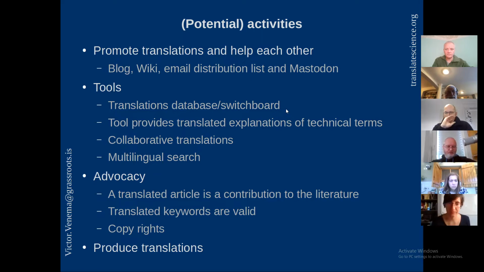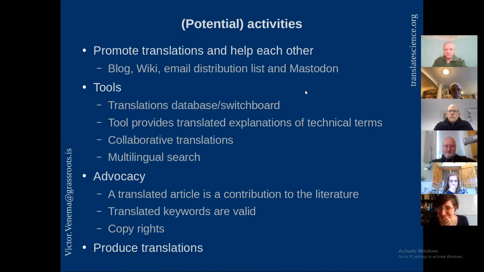Then we want to work on tools. The first option, translation database, is what I will show in the next slides. It's a way to better find translations, but also what Peter is doing would be such a tool which makes science more accessible. Later on, maybe we could work on collaborative translations.